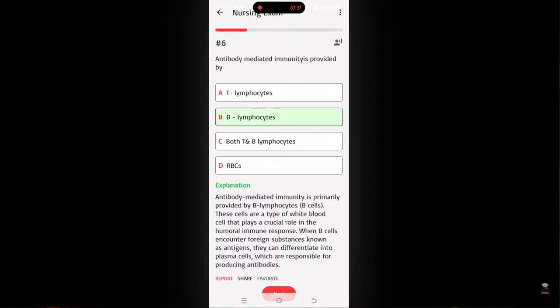Antibody-mediated immunity is primarily provided by B lymphocytes, B cells. These cells are a type of white blood cell that plays a crucial role in the humoral immune response. When B cells encounter foreign substances known as antigens, they can differentiate into plasma cells, which are responsible for producing antibodies.